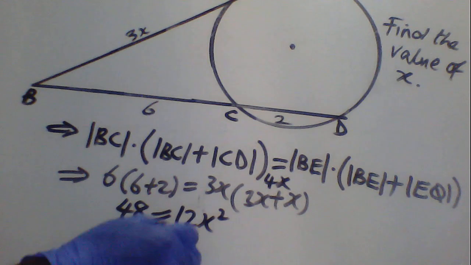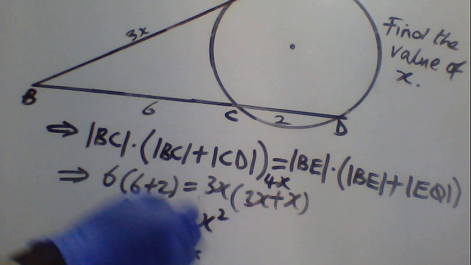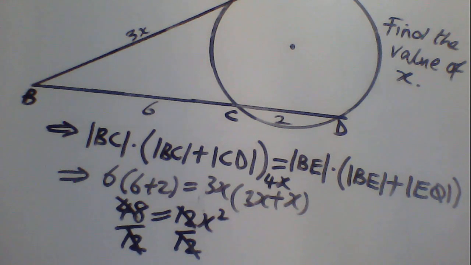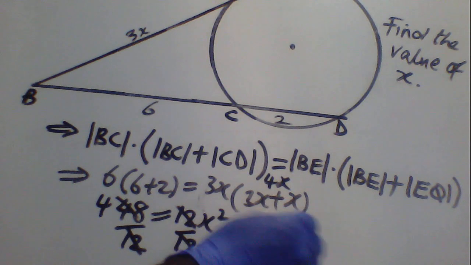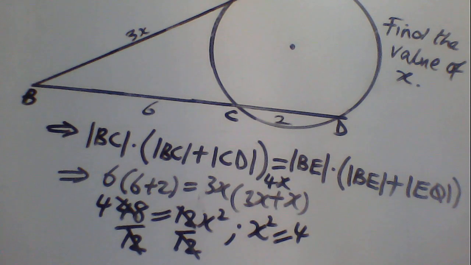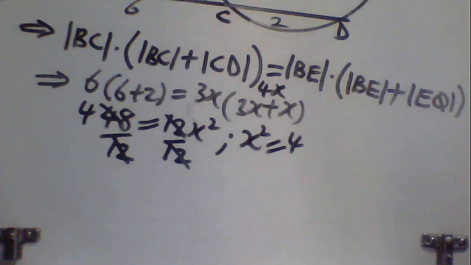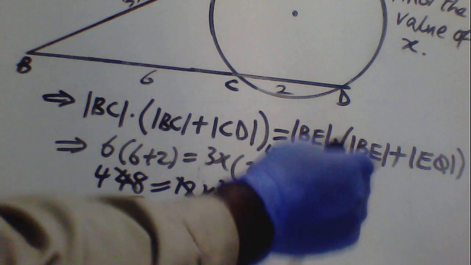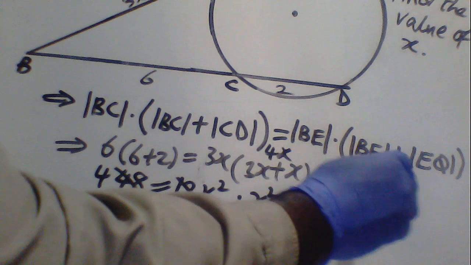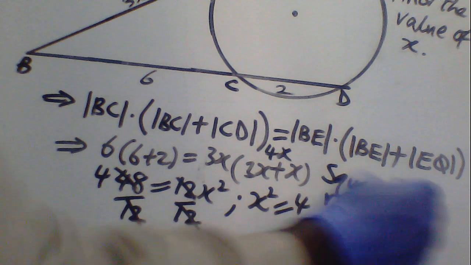We know that we can make x squared the subject of the formula by dividing by 12, and when we do that we have 4. So in this case, x squared is equal to 4. Since x squared is equal to 4, the next thing you have to do is to find the square root of both sides.